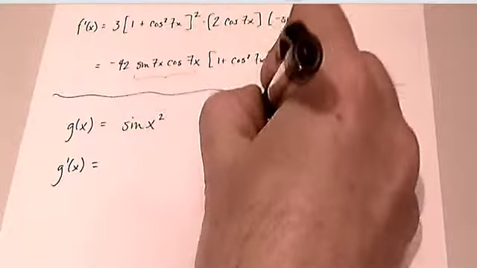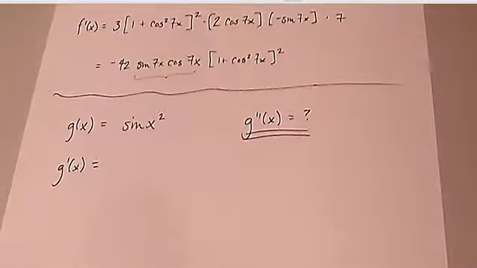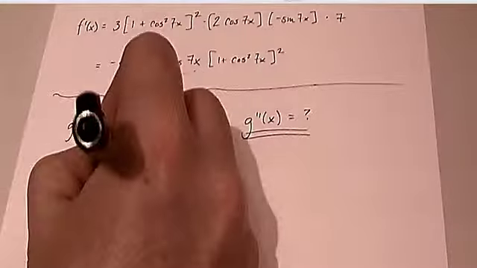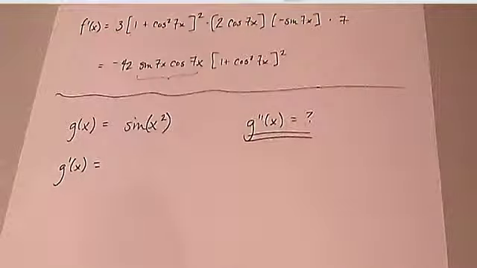But let's say that I'm actually asked, not for the first derivative, but for the second derivative. Okay, well let's go ahead and find the first derivative first. Now I know that this is going to be sine of stuff, and putting parentheses right there communicates the layering a little bit better.